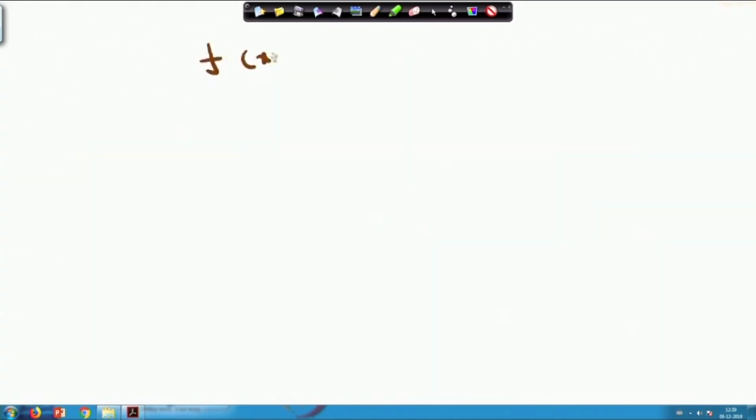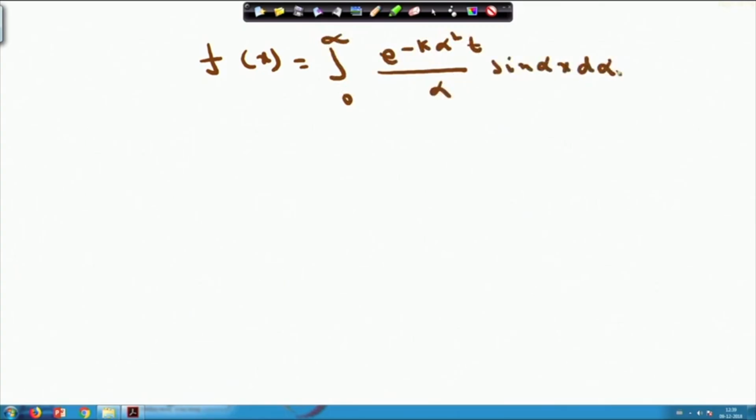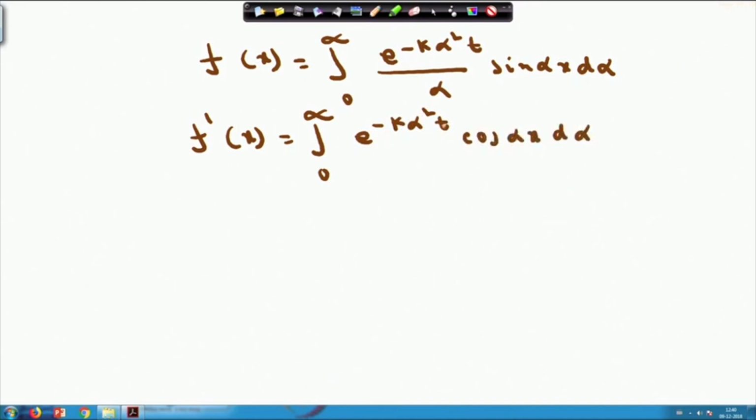Let f x equal integral 0 to infinity e power minus k alpha square t by alpha into sin of alpha x into d alpha. From here you can tell what is f dash x. Your f dash x I can write down as integral 0 to infinity e power minus k alpha square t into cos of alpha x d alpha, the alpha will be vanishing.